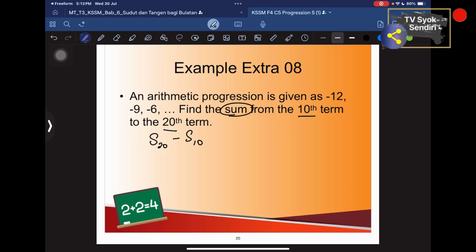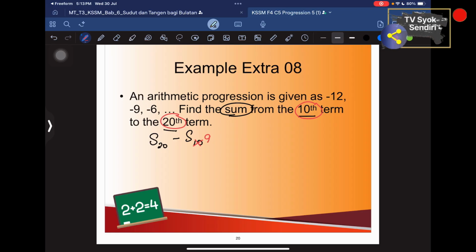I want to inform you that if you use S20 minus S10, you are actually wrong. By right, you should be using S20 minus S9, then it will be equivalent to the 10th term until the 20th term. Why?